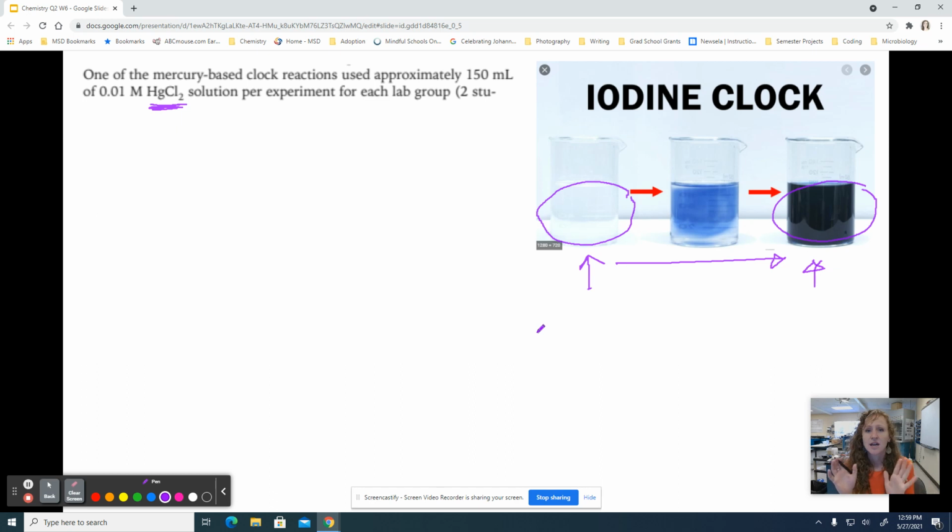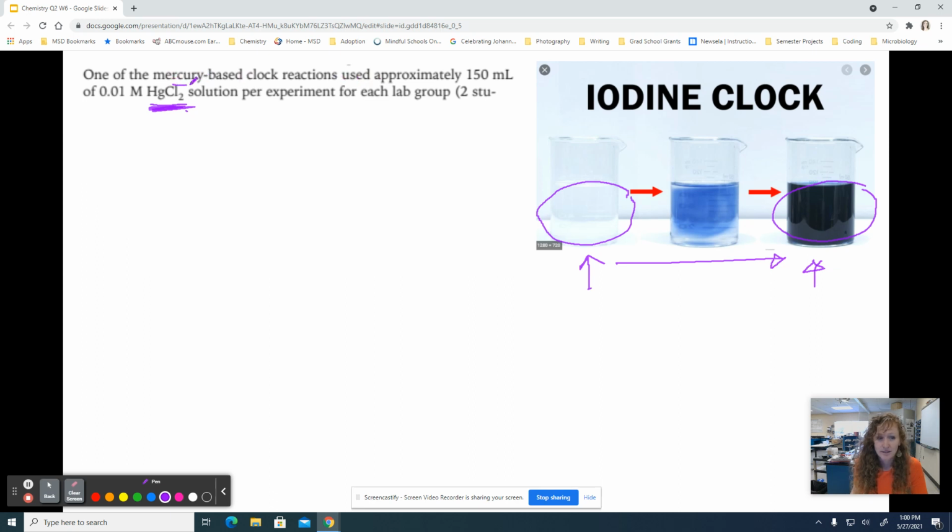It's earth friendly. Everything we dump into the drain isn't going to harm our waterways and our farmland and the earth that it goes into, right? Well, not so with mercury chloride. You've got to be really careful how you dispose of mercury chloride so you don't cause mercury poisoning in wildlife, especially in streams.